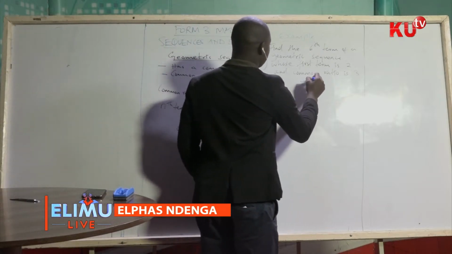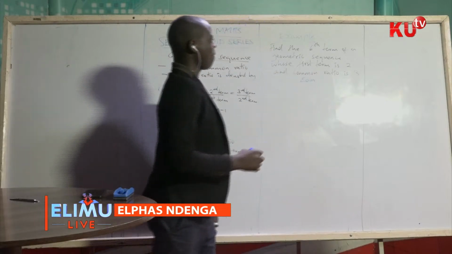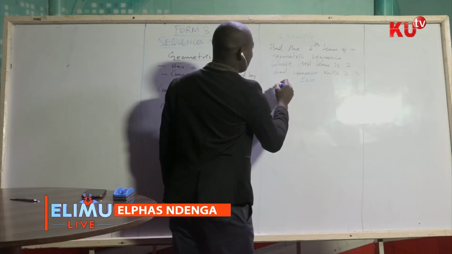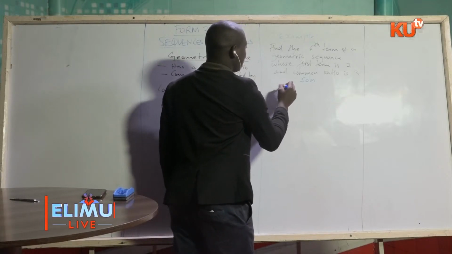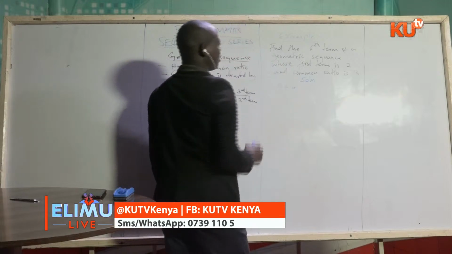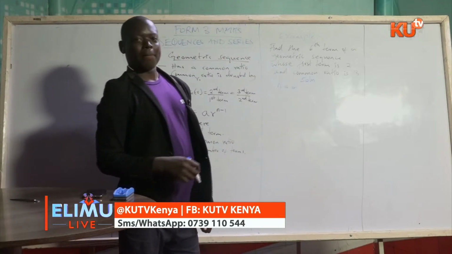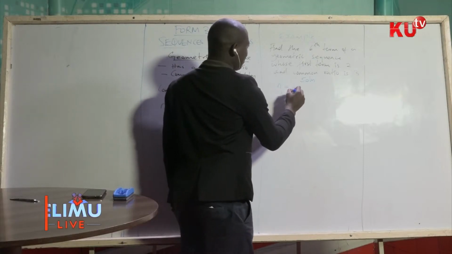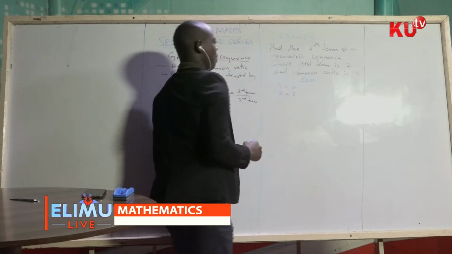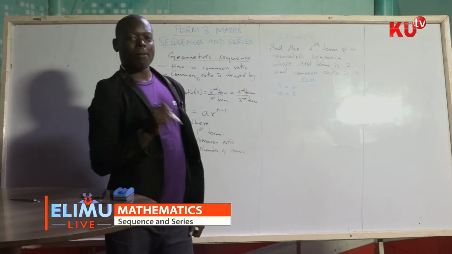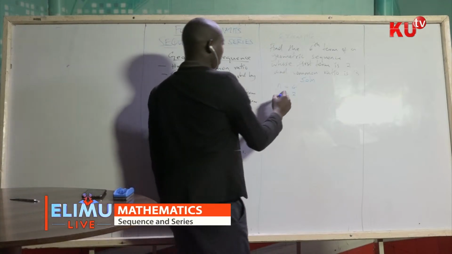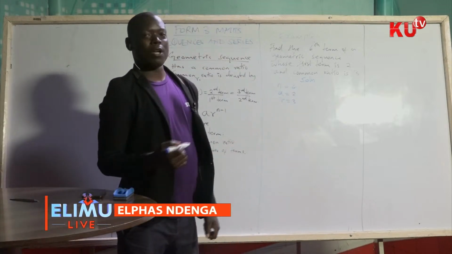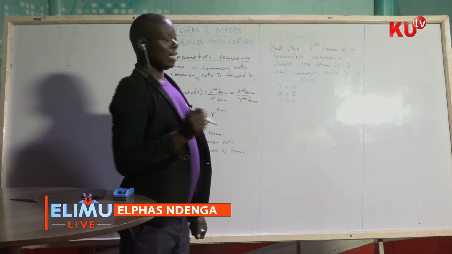So let's start the solution. We have the sixth term, that defines our n as 6. The first term defines our a as 2. The common ratio represents our r, and that is 3. The question is, we identify the sixth term.